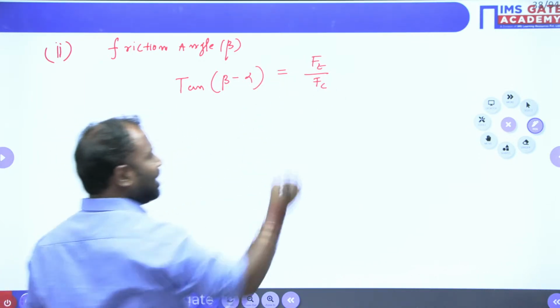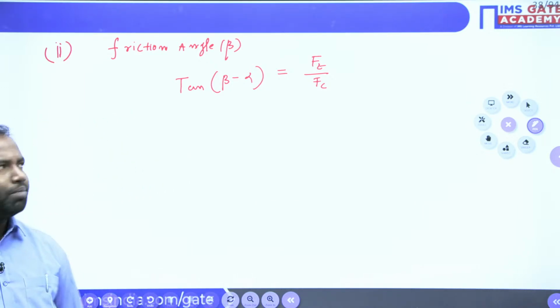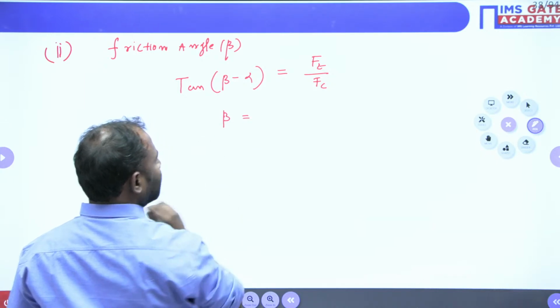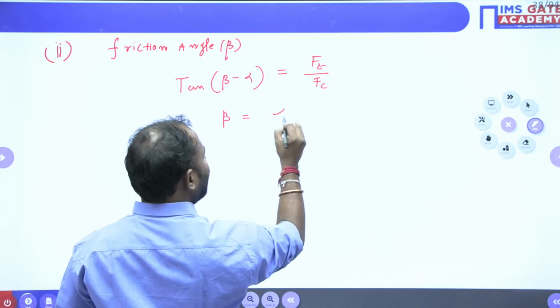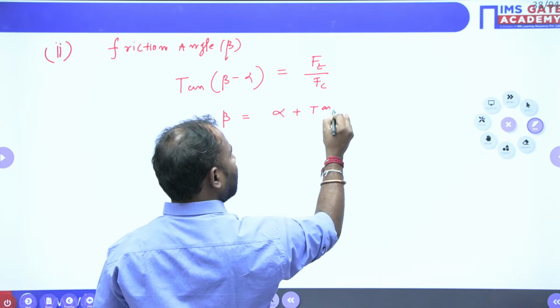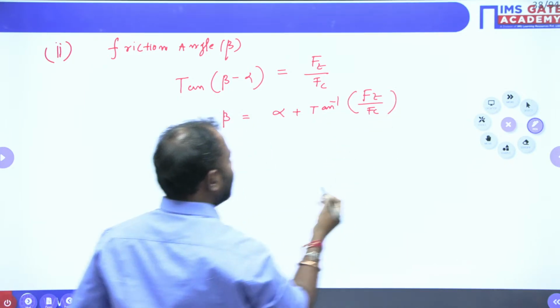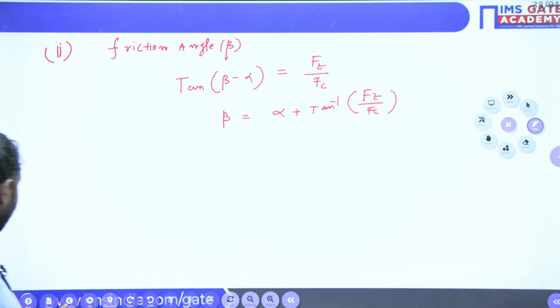Do you remember this relation? Thrust force divided by cutting force. From there I require beta, so beta is equal to alpha plus tan inverse of Ft by Fc. Now alpha, Ft and Fc are given.